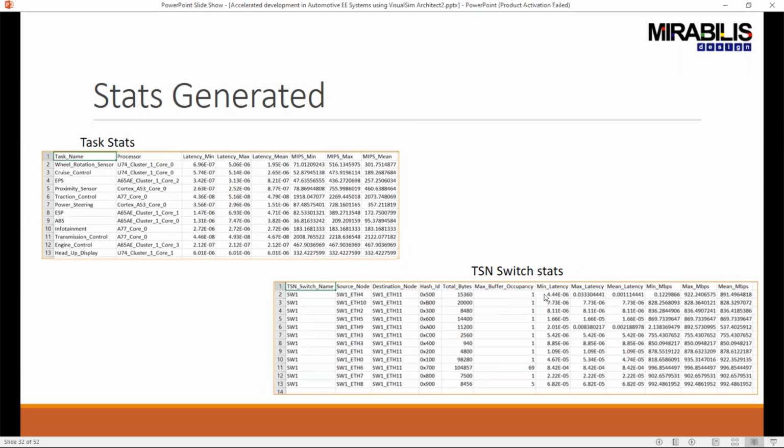Then here we have hardware networking stats, where each of the switch stats is displayed. We can determine the maximum buffer occupancy, the total bytes transferred across the ports, the minimum, maximum, and mean latency, and the throughput consumed during the simulation.